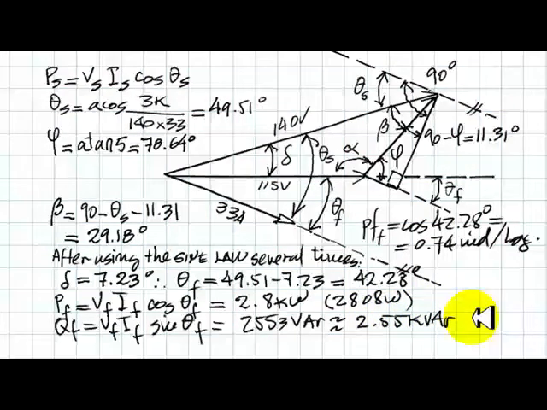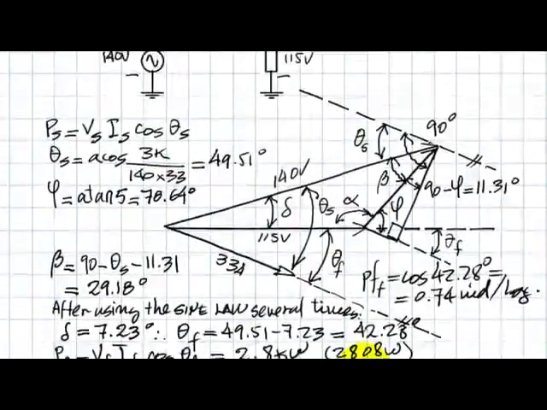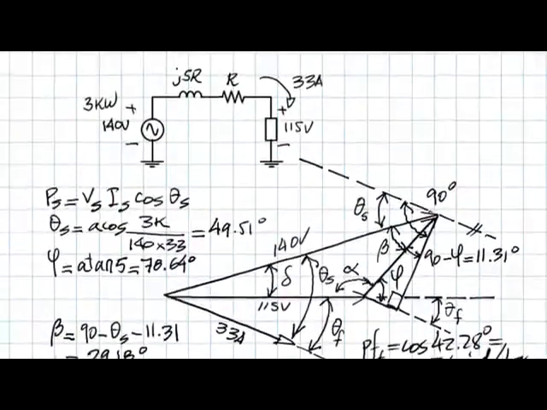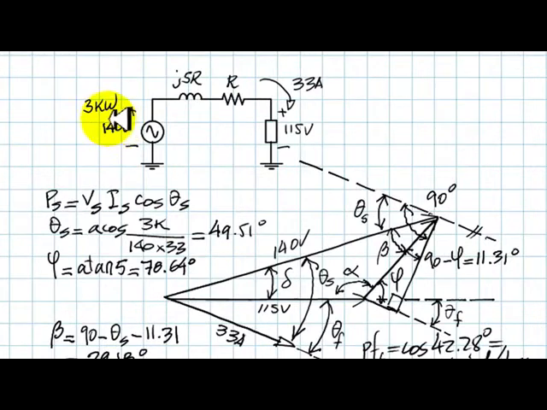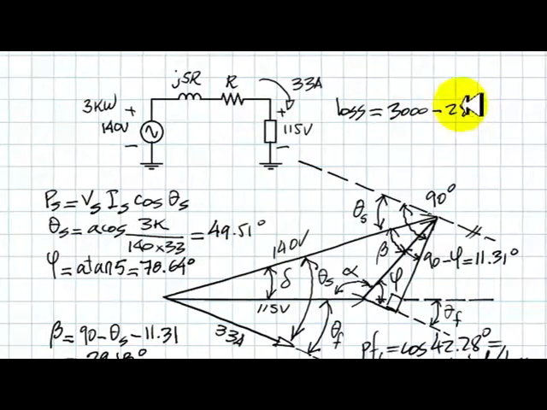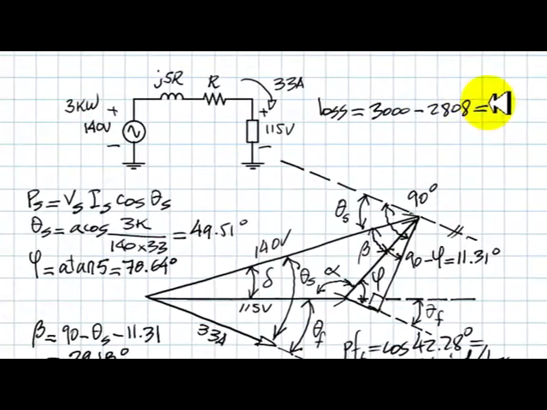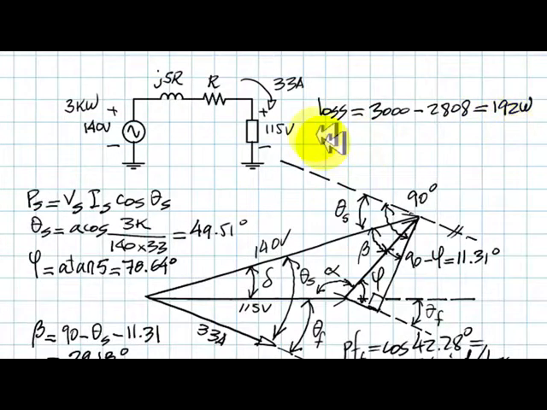And the efficiency, well, let's see what the losses are. The power input by the source is 3,000 watts, but the power absorbed by the load on this side is less than that, is 2,808. So that means that the losses are 3,000 minus 2,808, and that is 192 watts.